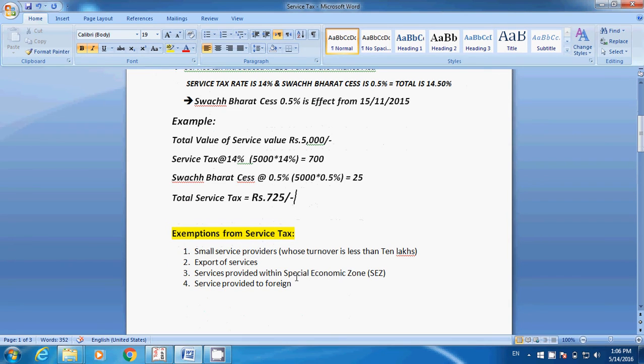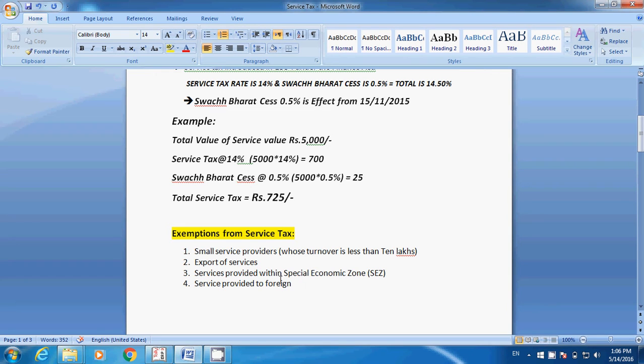And exemptions from service tax. Generally, small service providers whose turnover is less than 10 lakhs are not required to register under service tax. And export services: if you export any service to another country, the tax will not be applicable.